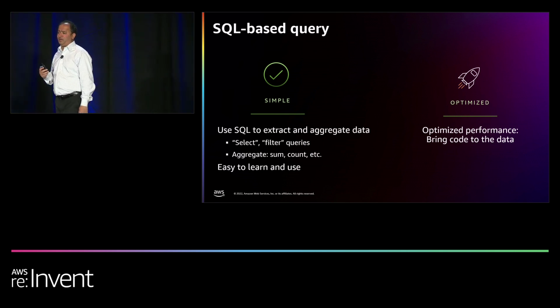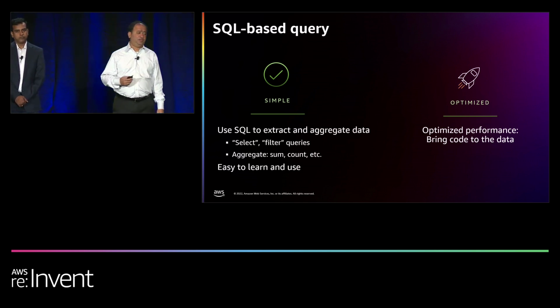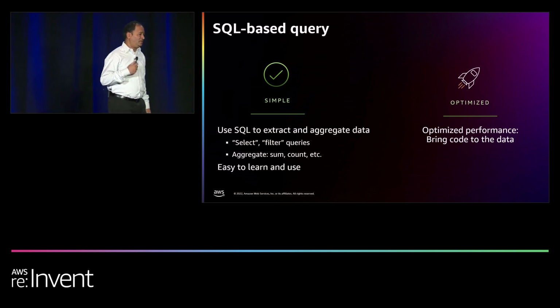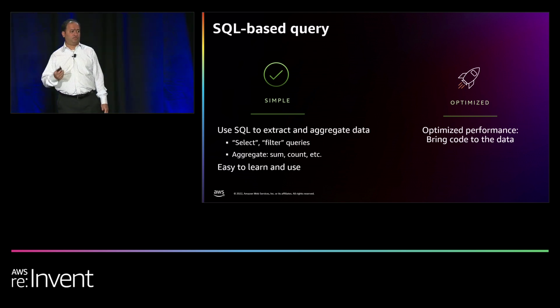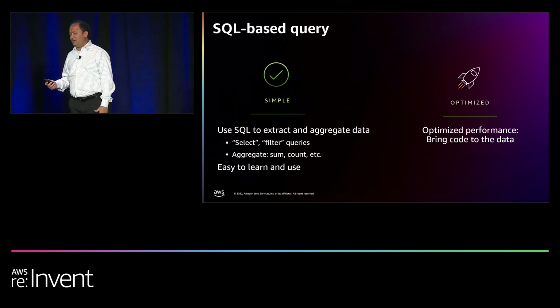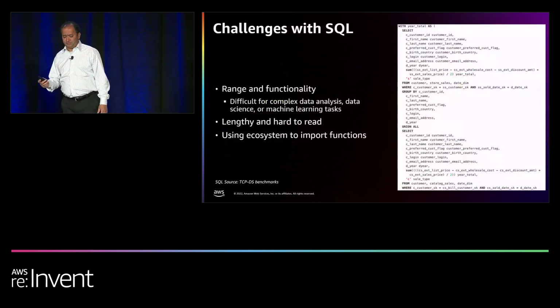This is because SQL query engines have built-in optimizers and they have ability to push down filters. And another thing that SQL engines do well is they move code to the data rather than data to the code, which makes it really optimized in terms of performance. So, if you are looking to get started, if you are looking to do query, join or extract, SQL is a great way to get started.